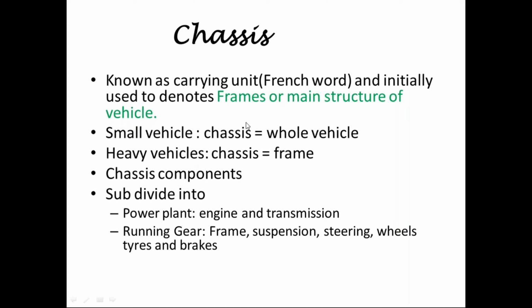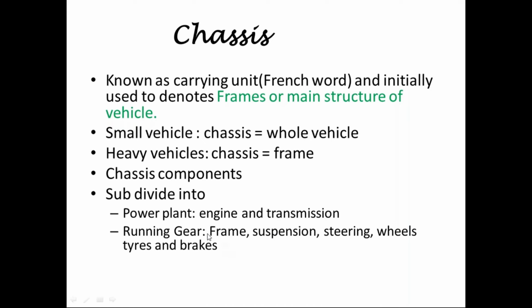Sometimes a total frame or a chassis constitutes a vehicle, maybe related to your small vehicles. Heavy vehicles have a different chassis, and the frame is a different thing. There are a number of factors to consider, with different components attached to the chassis.